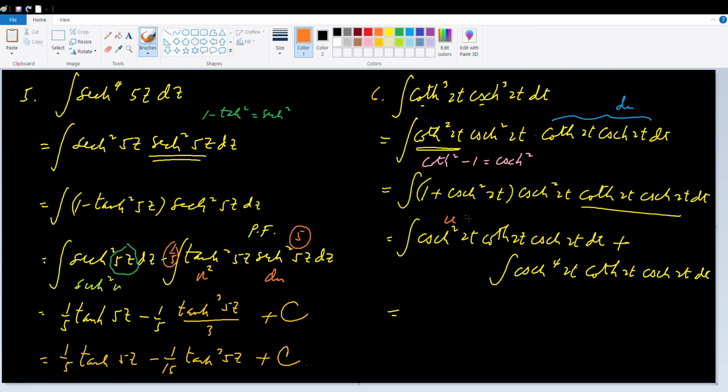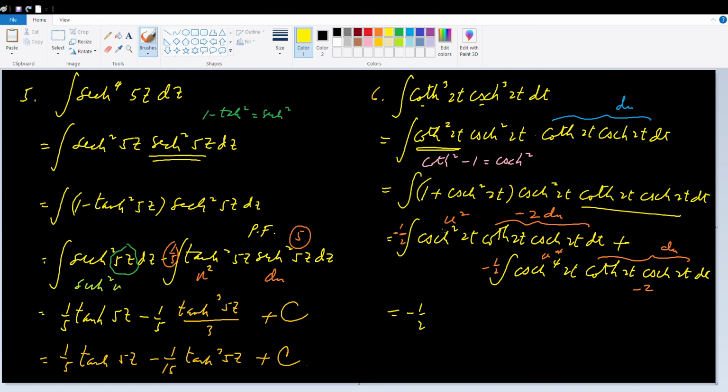For both integrals, we will be using the power formula. So this is u to the fourth, and then this is our du. The missing term here is what? The derivative of hyperbolic cosecant is negative, and then times 2, so we multiply by negative 1/2. Same thing here: it lacks negative 2, so negative 1/2 for the first integral.